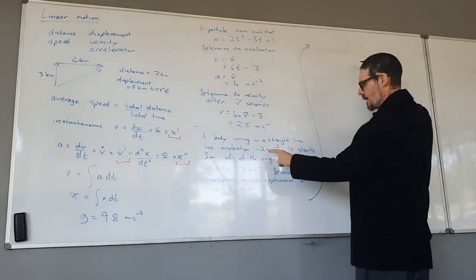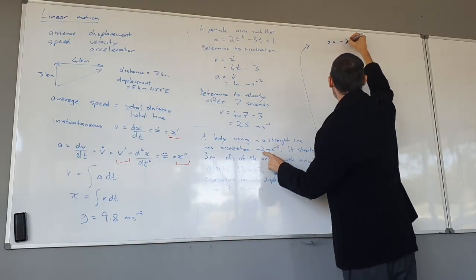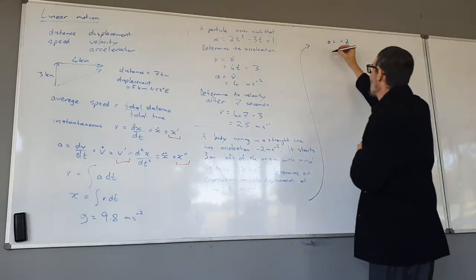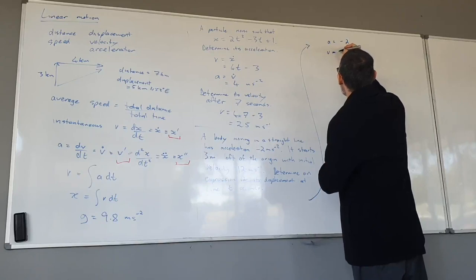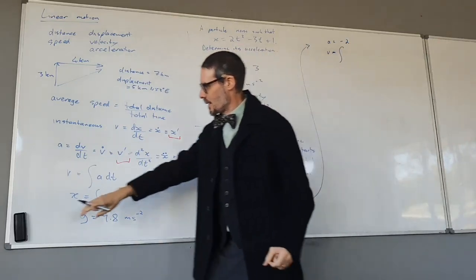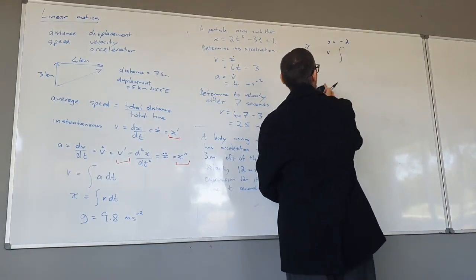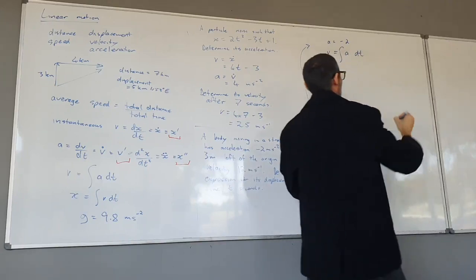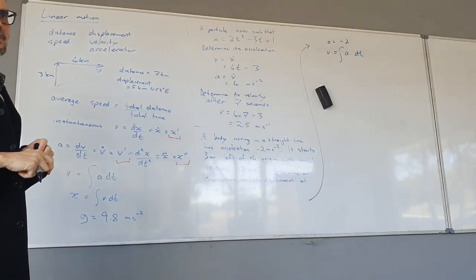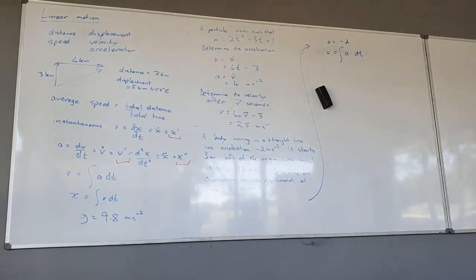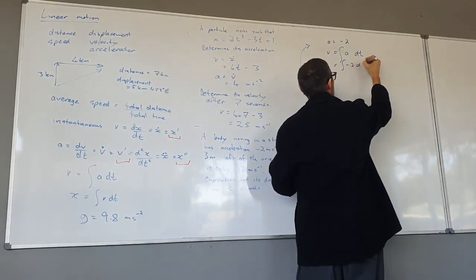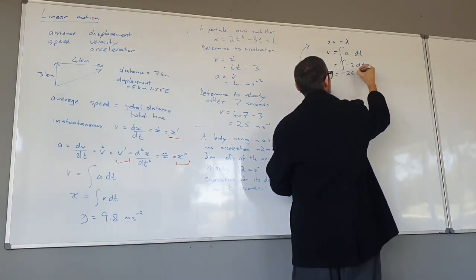So I have acceleration -2. So my velocity is the integral, that was a messy equal sign. It's bothering me. Velocity is the integral of acceleration with respect to time. Integral of -2 dt, -2t plus constant.